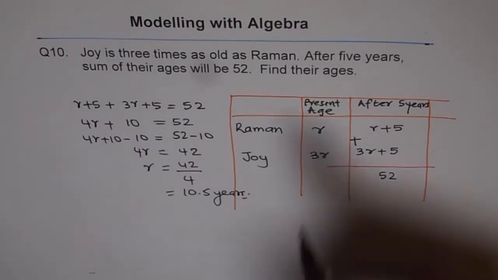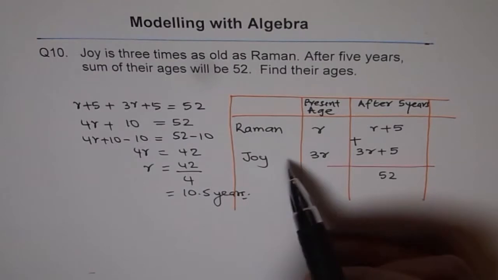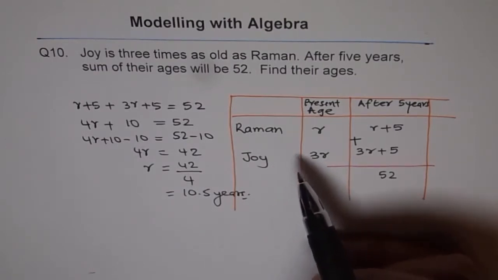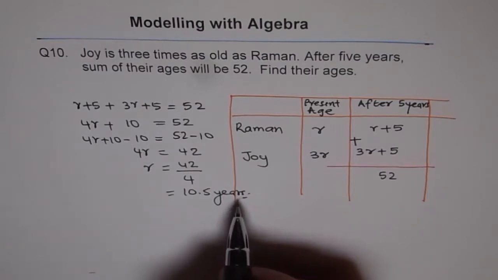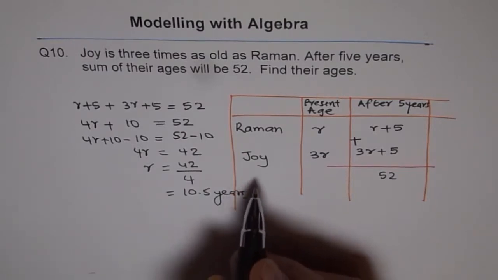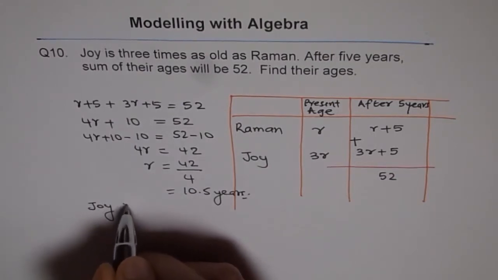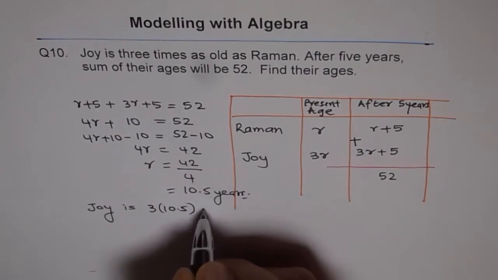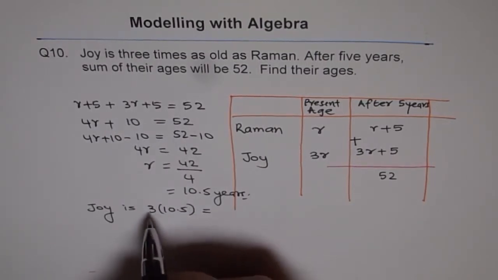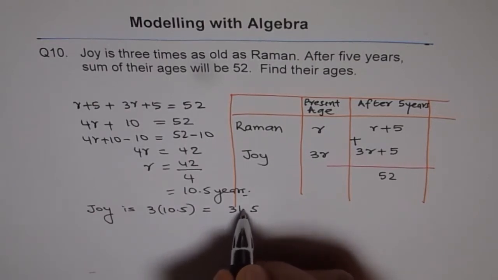So that is the present age of Raman, 10.5 years, and Joy will be 3 times this. Do you see that? So Raman is 10.5 years old, right? And Joy will be 3 times this. So Joy is 3 times 10.5, which gives me 31 and a half years old.